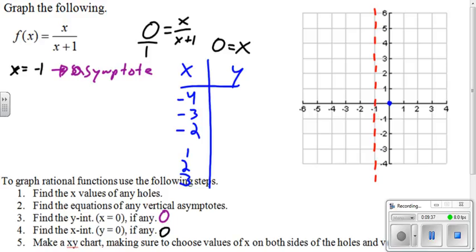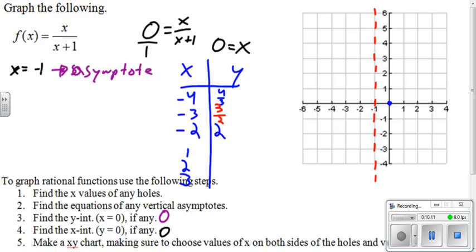Well, if we plug -4 in for our x value, that would give us -4 over -4 plus 1 would be -3. The negatives cancel out. We'd be left with 4/3. If we use -3, it's going to be very similar. It will be 3/2. -2, following along that pattern, would be 2 over 1, or just 2.